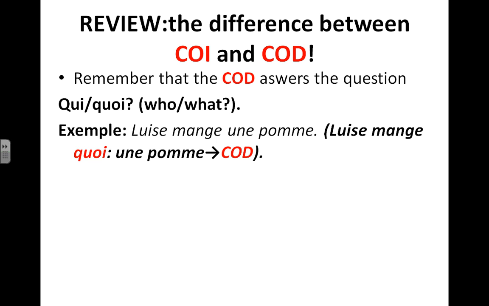So Louise eats what? An apple. That's when I say it answers the question qui, quoi, who, what. It's what does he eat? Louise eats what? That's your question. So when he answers that question, it's a complément d'objet direct. Okay?